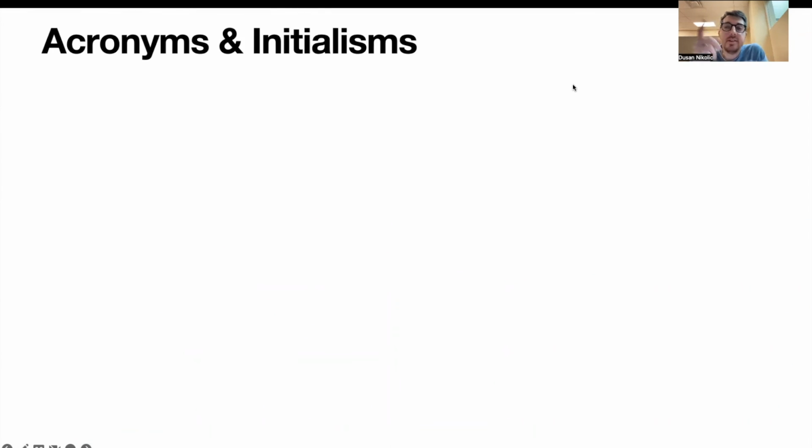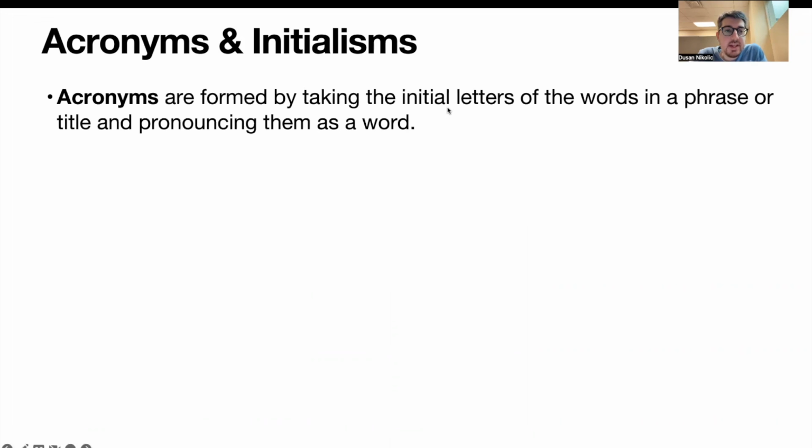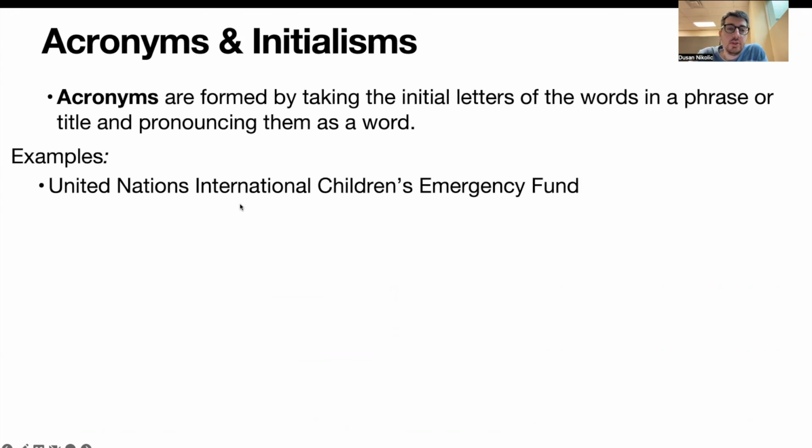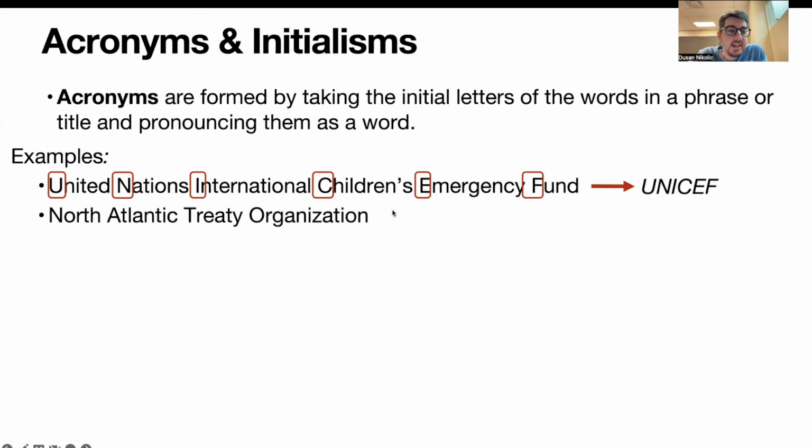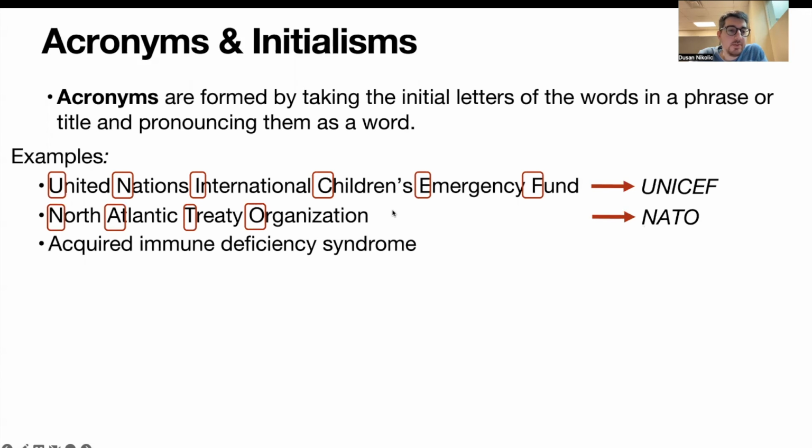Finally, or not finally, actually, penultimate ones are acronyms and initialisms. Acronyms are formed by taking the initial letters of the words in a phrase or title and producing them as a word. So some examples are United Nations International Children's Emergency Fund, UNICEF, which we produce as UNICEF. North Atlantic Treaty Organization, which we produce as NATO.